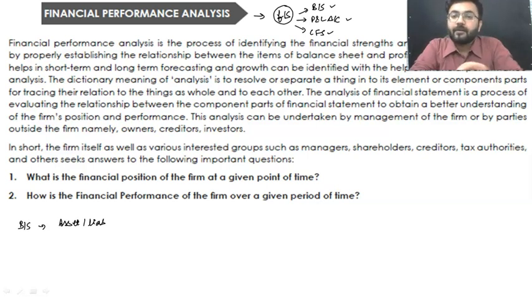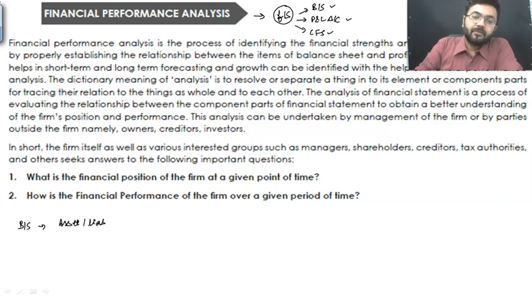And apart from that, the next is cash flow statement, which straight away talks about the inflow and outflow of money in any company, from where the cash is coming and what are our outflows. But there comes one more question: whenever we talk about the balance sheet, it can only show you the financial performance at a point of time.